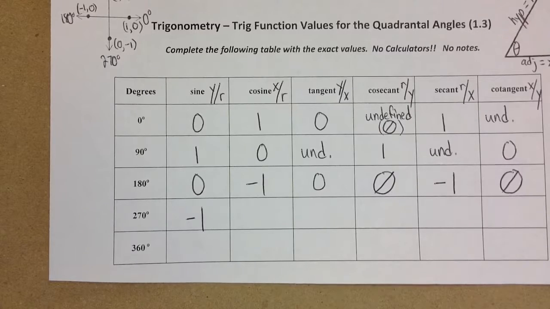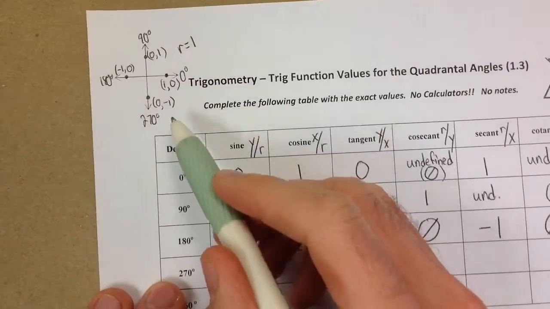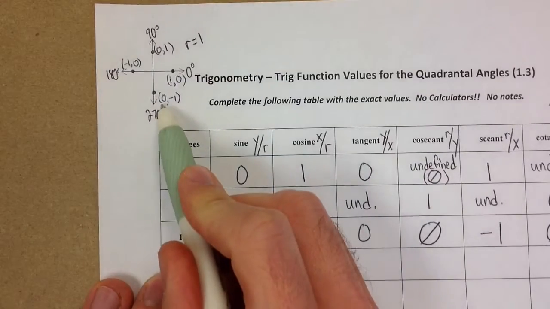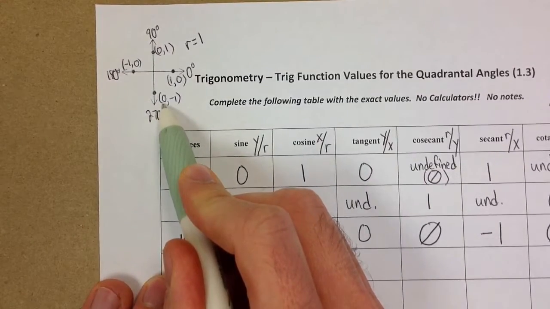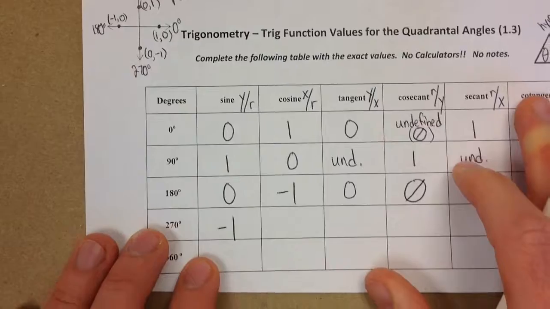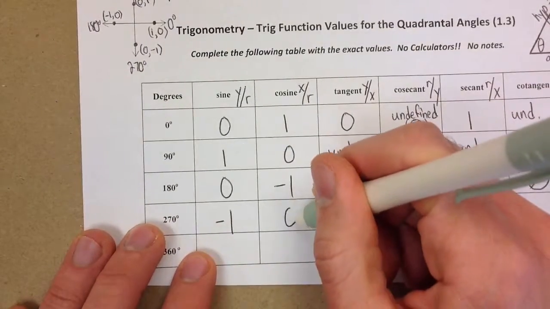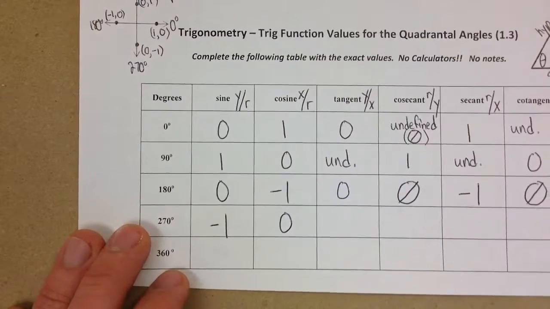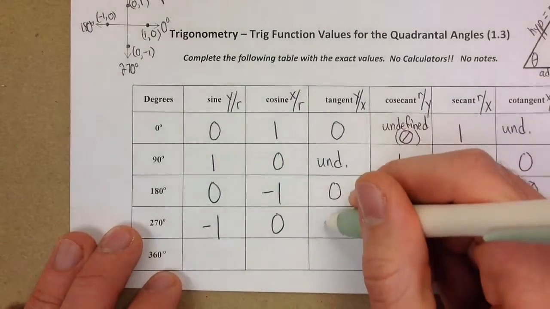Cosine is actually never undefined because r is not going to be 0. If you go to 270, it's x over r, so 0 over 1 is 0. Jessica, tangent 270? Undefined.